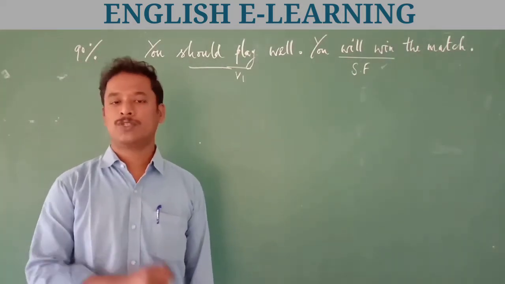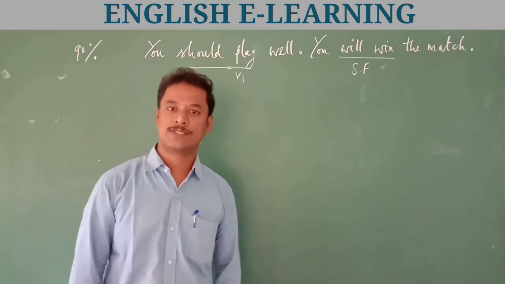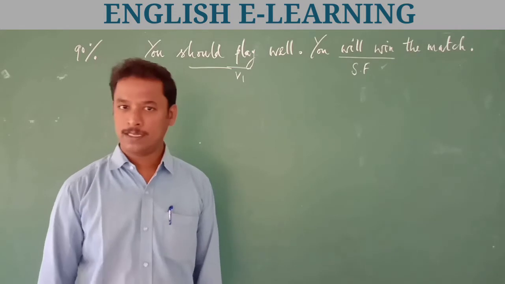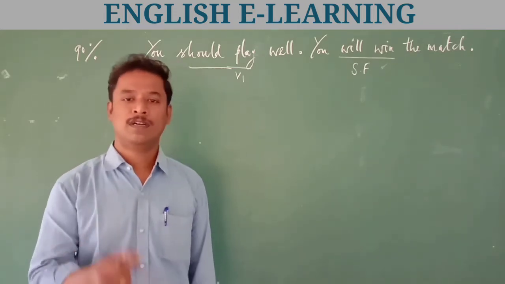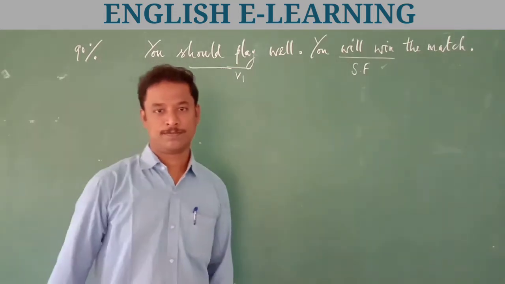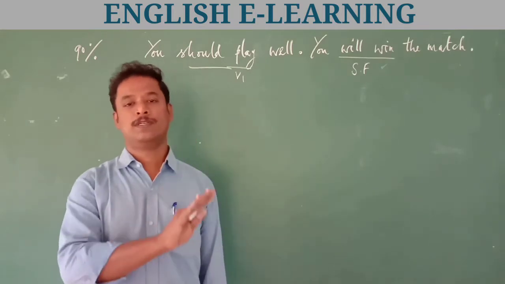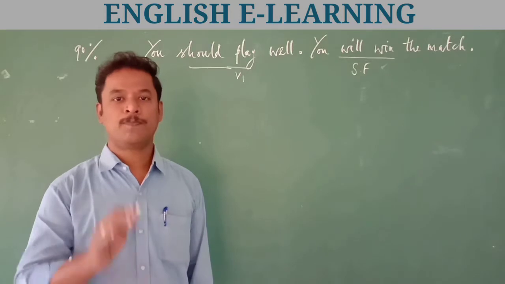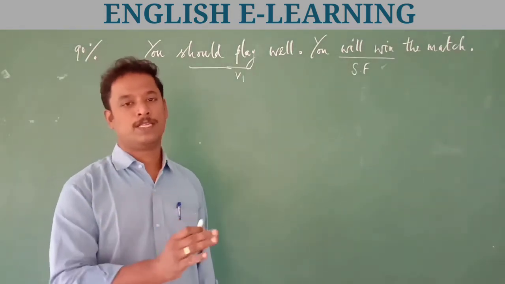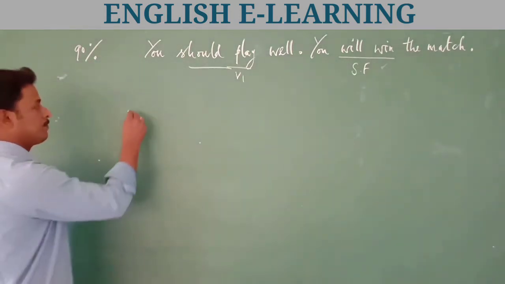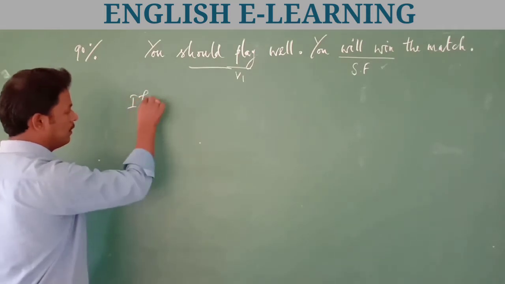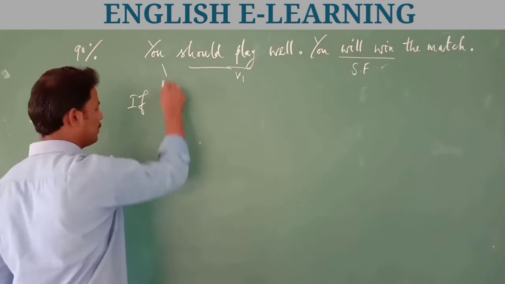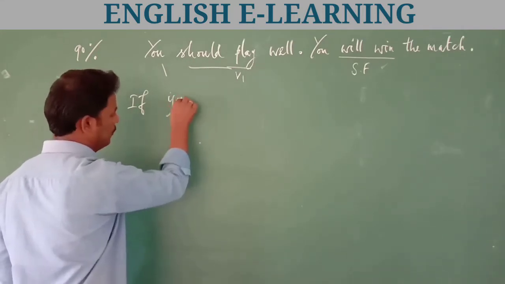What is the combination of the first conditional clause? If plus verb 1, and the result should have will plus verb 1. This is the combination of the first conditional clause. So, we have to apply that combination here. Fine. Use the term if and then bring the subject here. If you.